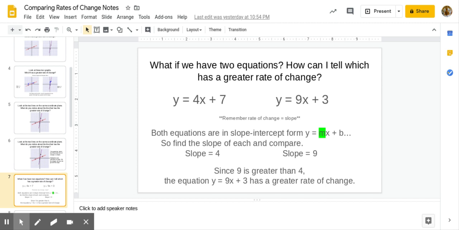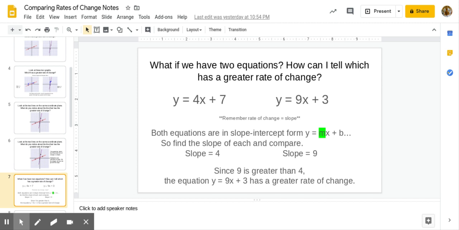What if we have two equations? How can we tell which has the greater rate of change? In this case, I have given you two equations that are each in slope-intercept form, y equals mx plus b. Remember that m is slope, and slope is another word for rate of change. So we're looking simply for that number that is paired with the x, or is the coefficient of the x.